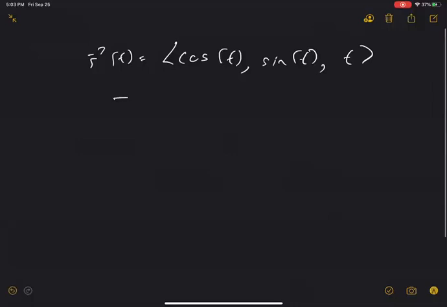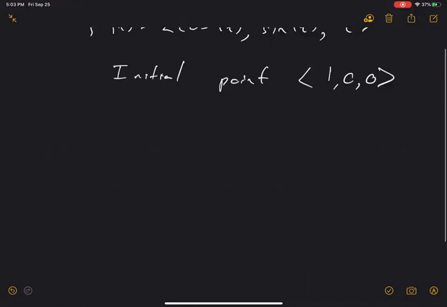Our arc length is measured from initial point 1, 0, 0. Okay. So what does this mean?